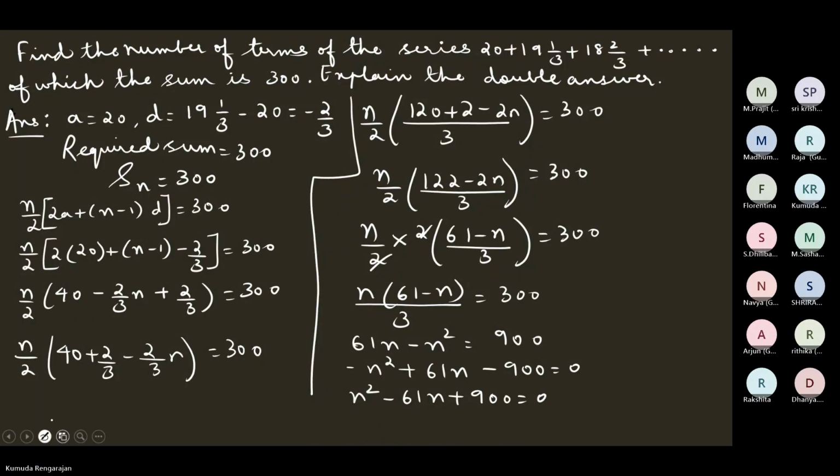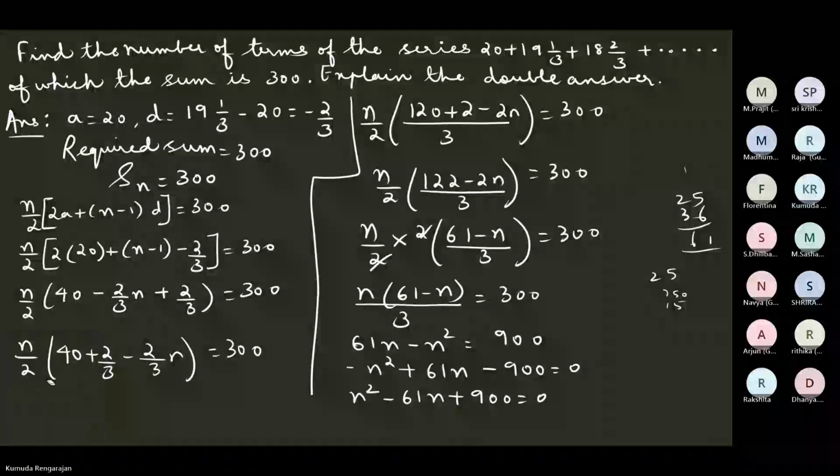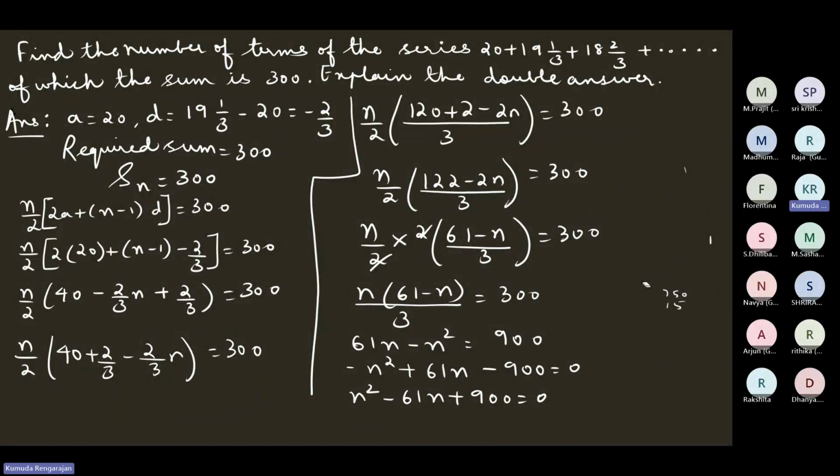Yes, 25 into 36 gives us 900. Perfect. Yes, 25 and 36 looks right.